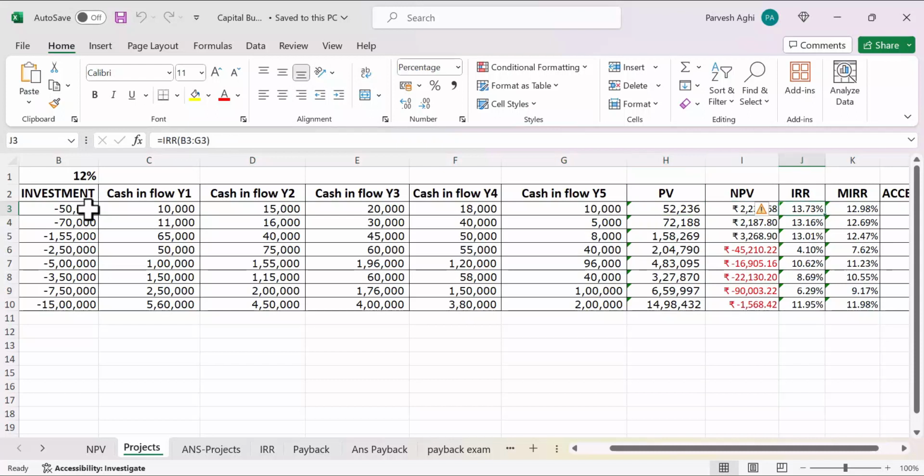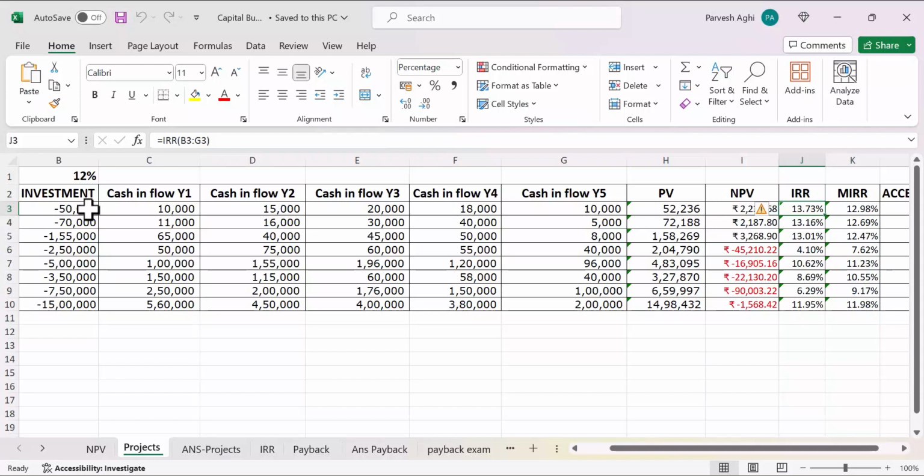So the IRR is coming to 13.73%, and your cost of capital is 12%. This is a second mechanism through which we appraise a project or a business. So you're getting 13.73%, which means you should do it. NPV is also showing a positive value, and IRR is also giving you a green signal, isn't it? That this project is okay.